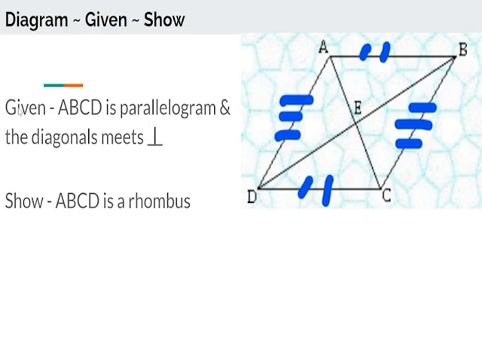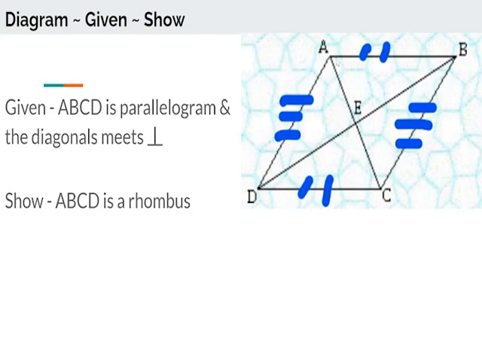Here, state that it's a given, right? Given ABCD is a parallelogram, and the diagonals meet perpendicular. Here we're showing the givens in the diagram from the previous slide, right?